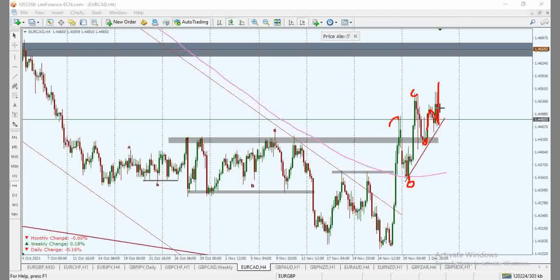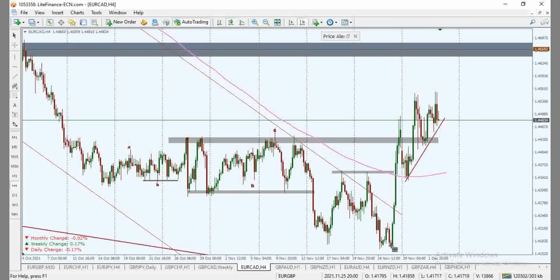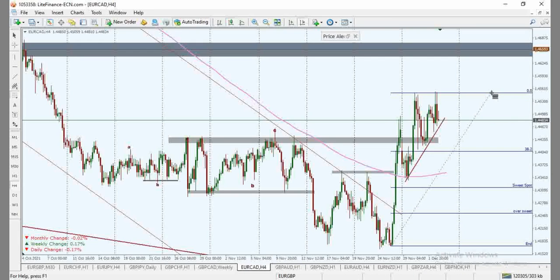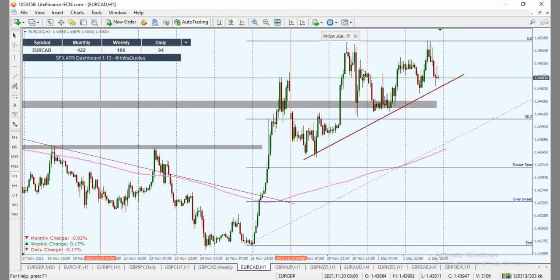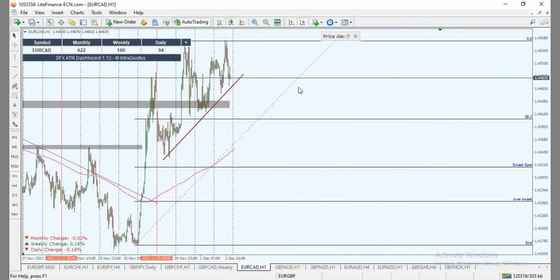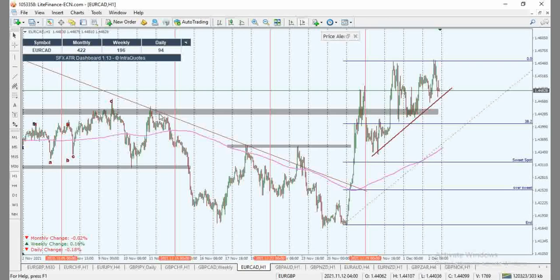So we might also see that price would drop. If price drops back into good territories, I'm going to be looking at Fibonacci retracement territories. Say we have this to be the weekly high, but I'm not looking at this high yet until price can break below.